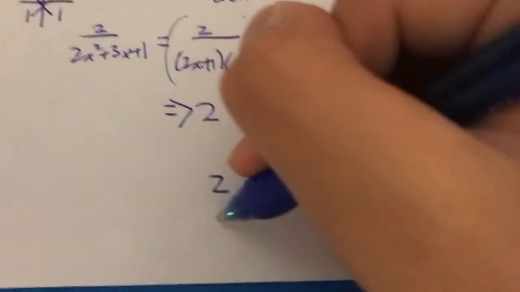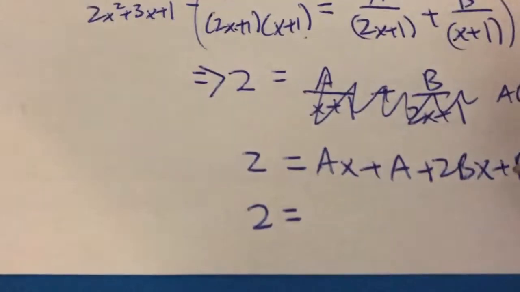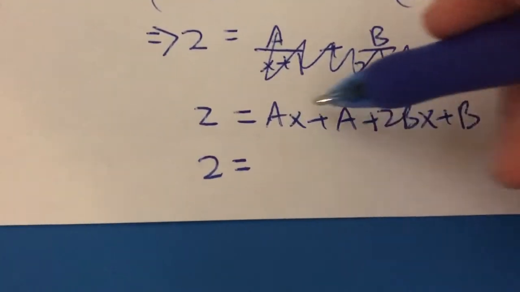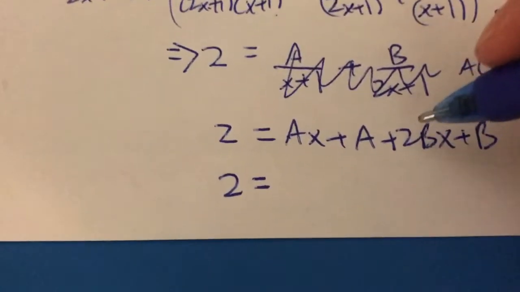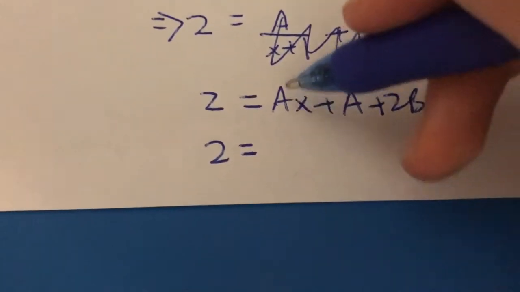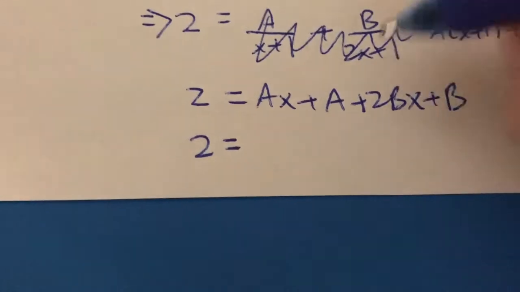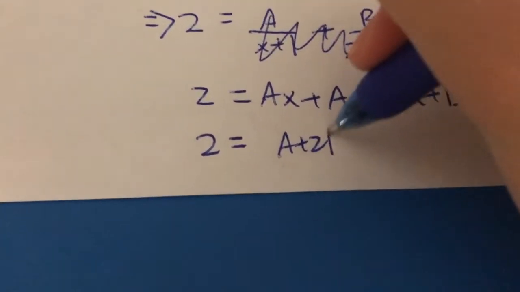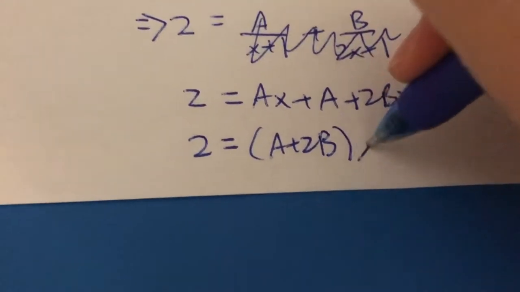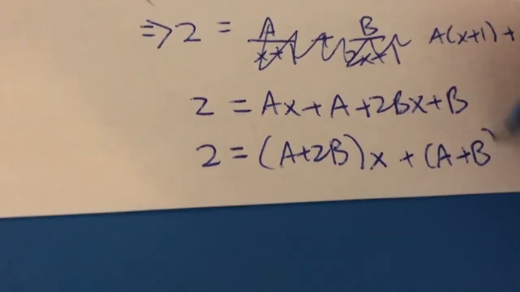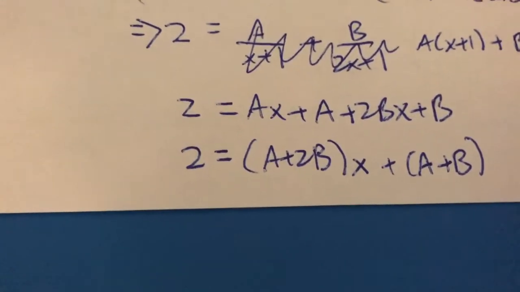Okay, and what we're going to get is we're now going to put all these terms based on the variable that they have. So basically we're just doing another factorization in any occasion. So since both of these terms have x, we can put their coefficients together and say that they're all in terms of just x. And then we can put all the constants together, and we just say a plus b.